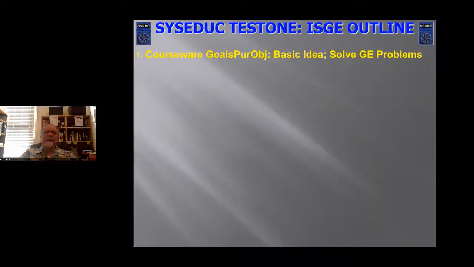So let's go through this first experiment, integrated science general education. We're going to go through the courseware goals, purpose, objective, the basic idea of it, and how it solves general education programs across the university. So it performs a function, it solves a problem for many universities across the country and internationally.